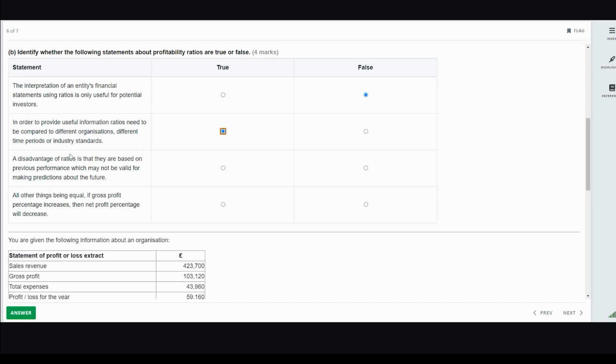A disadvantage of ratios is that they are based on previous performance, which may not be valid for making predictions about the future. Okay, this is true because we're looking at what's actually happened. So, for instance, if you think back to the pandemic, a lot of businesses comparing ratios then to now, it would be totally different.